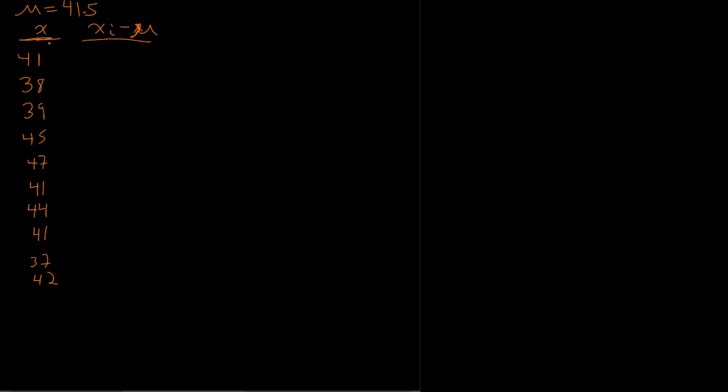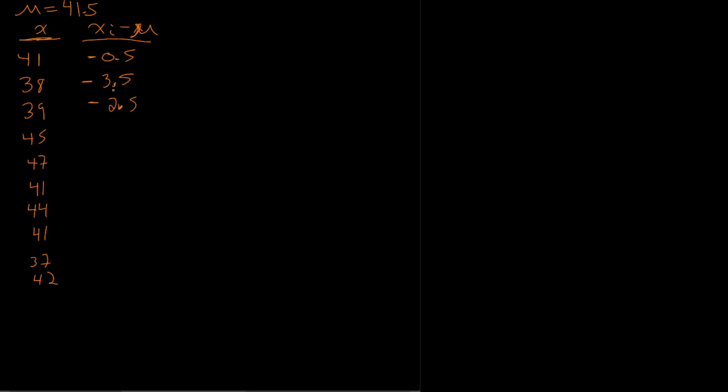What I need to do here is take x and subtract from it 41.5. And so I get negative 0.5. And then 38 minus 41.5. Now I'm not going to plug each of these in. I've got a calculator off to the side, so 38 minus 41.5 is negative 3.5. 39 minus 41.5 is negative 2.5, and so on and so on.